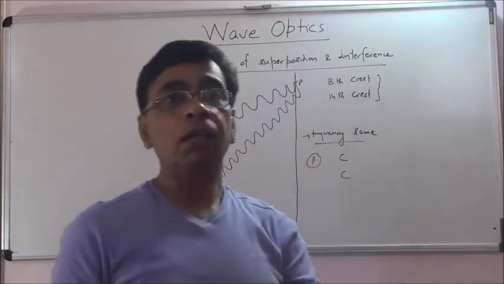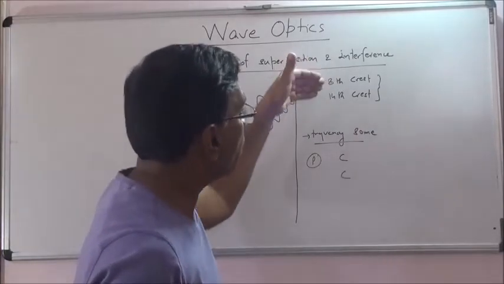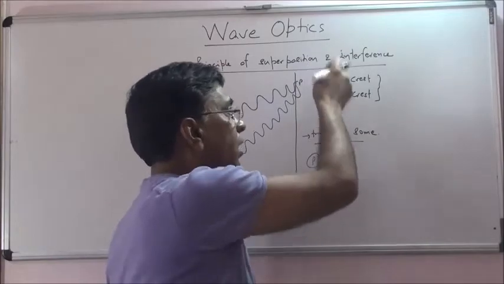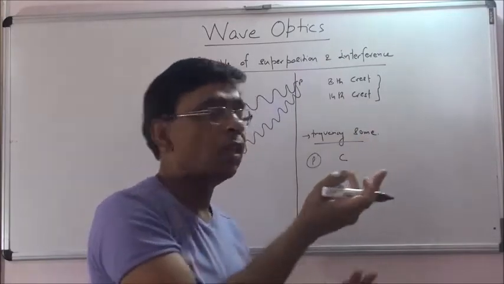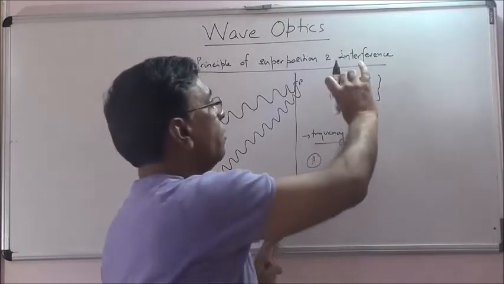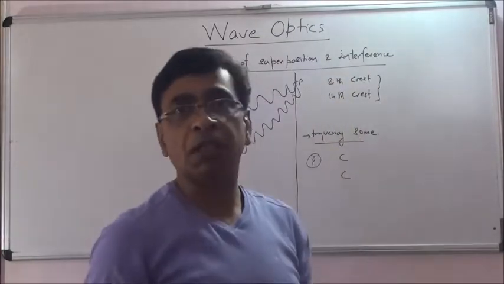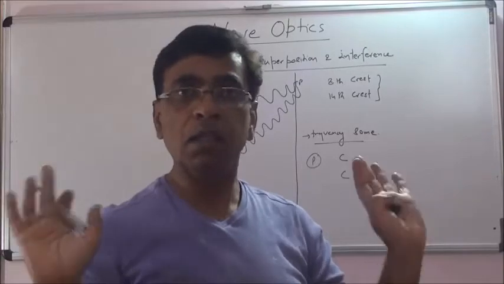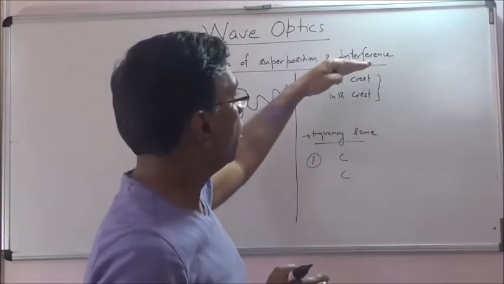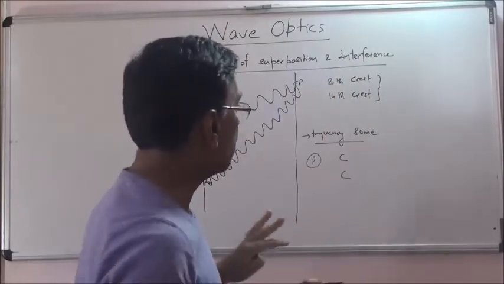Does it matter that we are getting the 8th crest or 14th crest? If we get 8th, 9th, 8th, 10th, 8th, 11th, 10th, 13th, any. Actually, whenever we are getting two crests, we will have a maximum intensity here. Intensity is increased. That's it. So the order of the crest is not important.